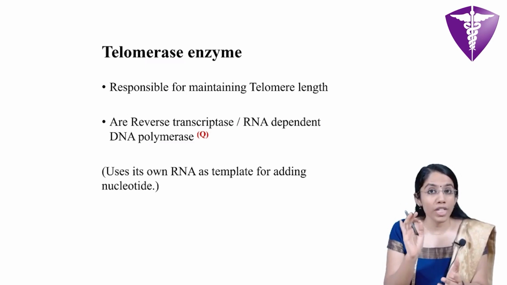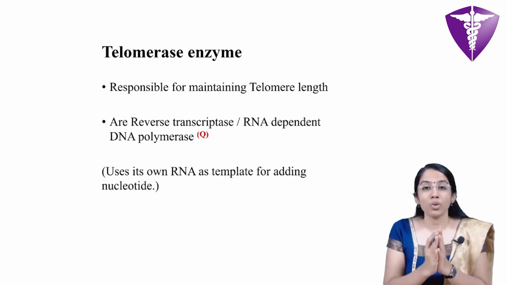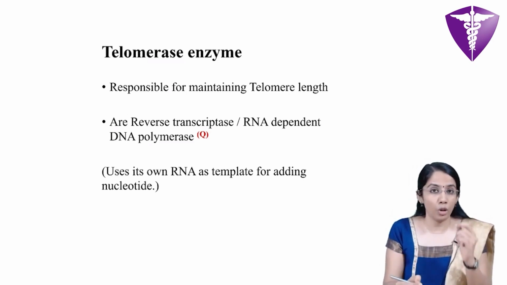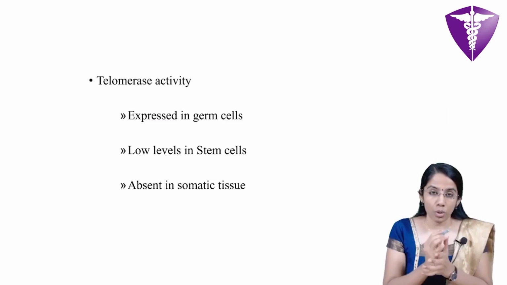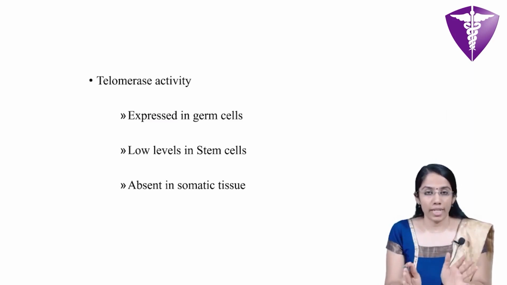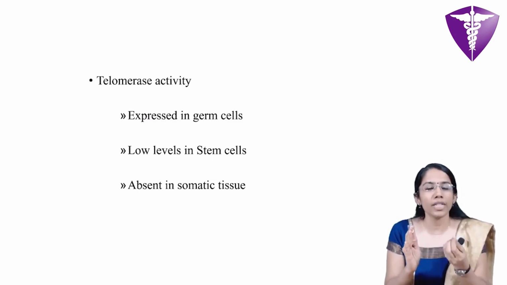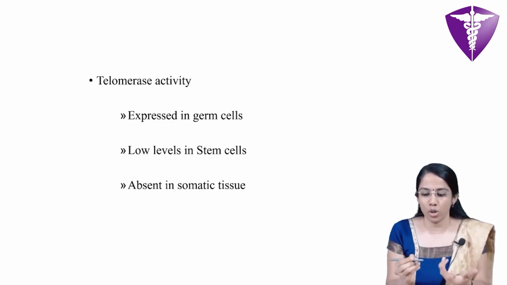These are actually reverse transcriptases, that is RNA dependent DNA polymerase, which uses its own RNA as a template for adding further nucleotides. This telomerase activity is absent in normal somatic cells, but it is expressed in germ cells, and some low levels can be expressed in stem cells also.